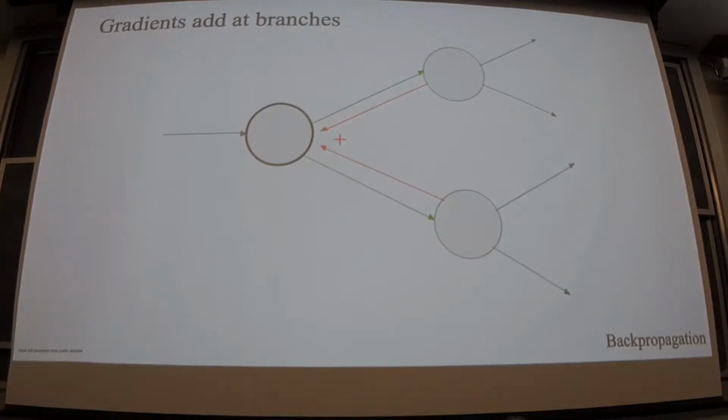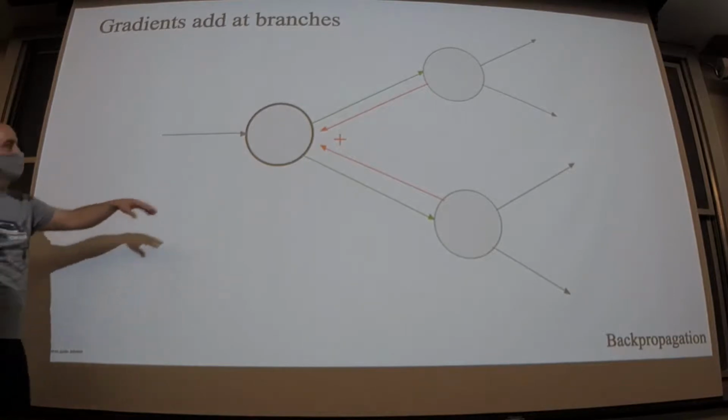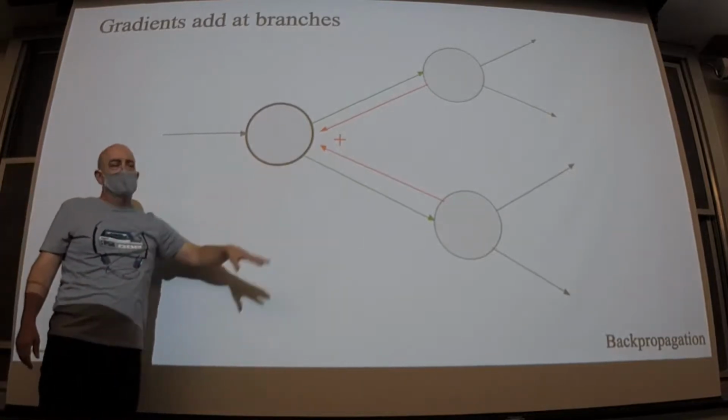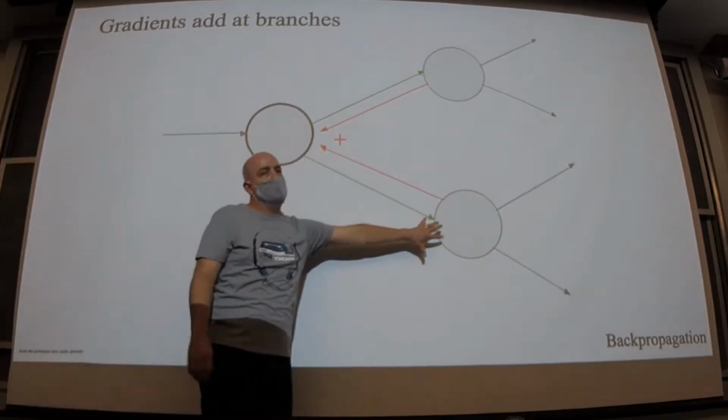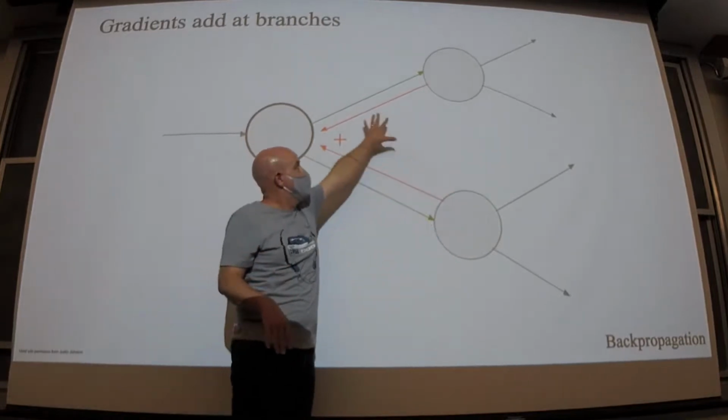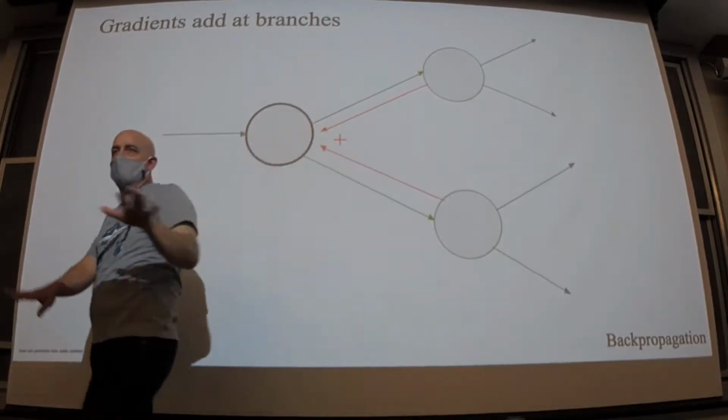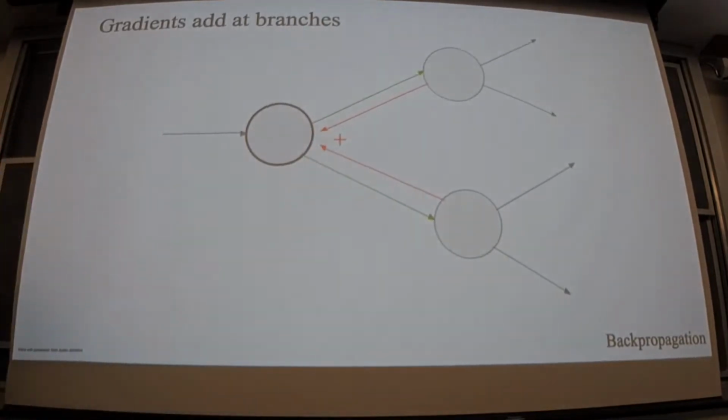But it's kind of nice, right? Remember what a gradient is? A gradient is how much this is changing. Whatever's happening over here is changing it by a certain rate, whatever's happening here is changing by a certain rate, and those rates just add together to give you the overall rate from both. And this is going to happen quite a bit.